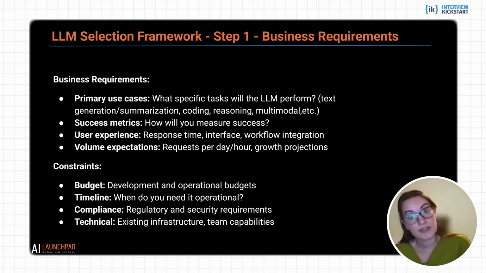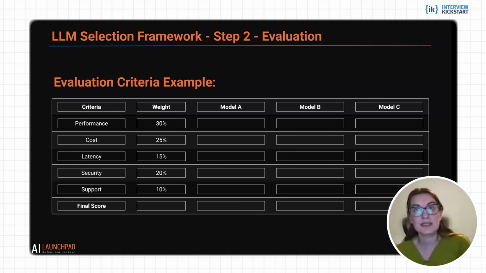Is this a regulated industry or not, and what those regulations are. And what are the technical requirements in terms of, again, the infrastructure, being able to understand the skills and capabilities of your team, and whether you need to build some sort of training or enablement program for your employees. And then as a result of that, we have to create such a matrix. And these are just samples, but you can adjust based on your own use case.